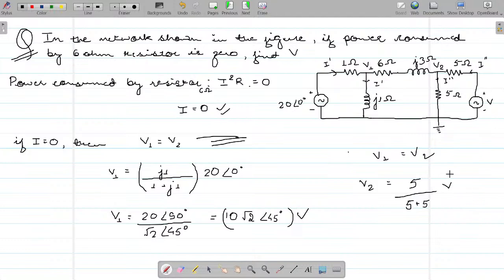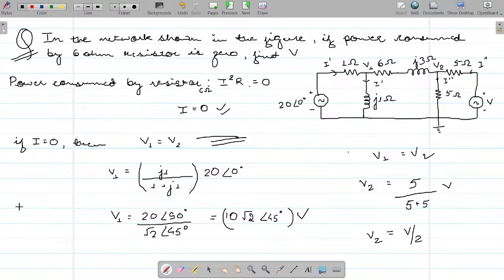This is our unknown value. So V2 is equal to V by 2, right? V1 is equal to 10 root 2 angle 45 degrees, and V2 is equal to V by 2. If I equate these two values, I will get my unknown. And what is my unknown? V.